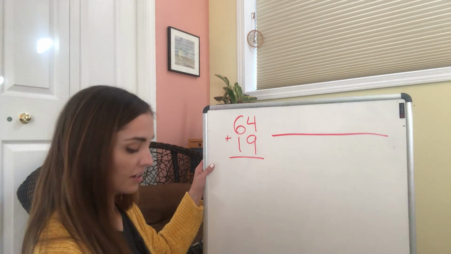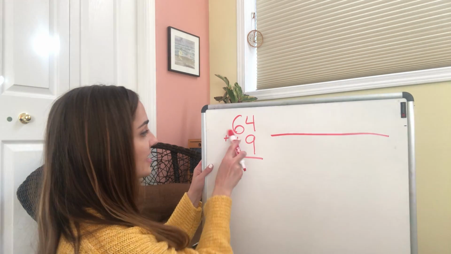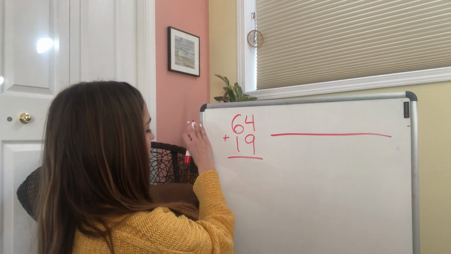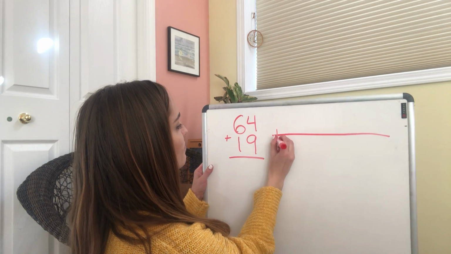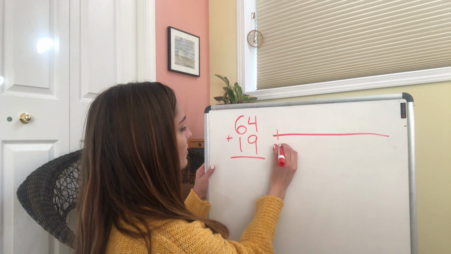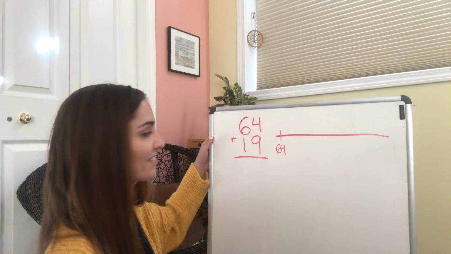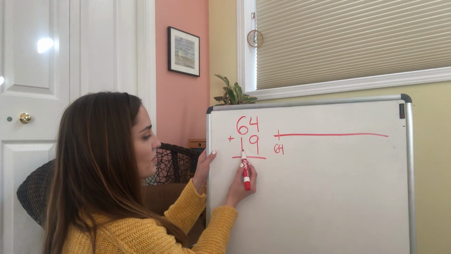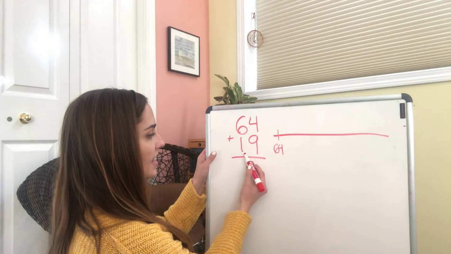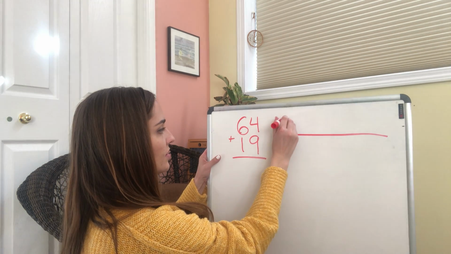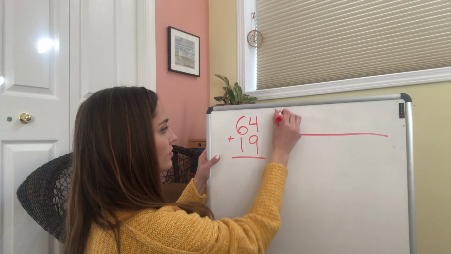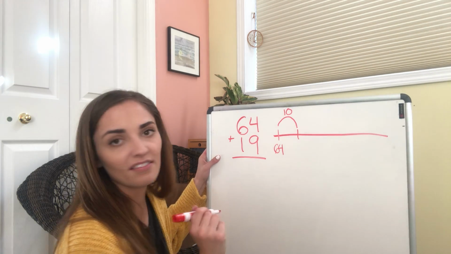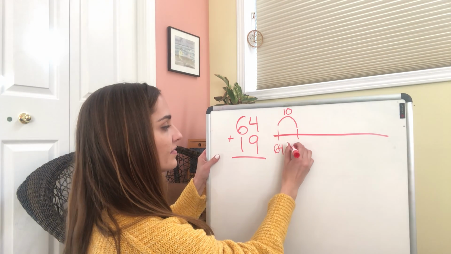I'm going to start with my bigger number, and that's 64. So we'll put 64 right here. Make sure I write it out. I know that I'm just going to have one 10 that we need to add up by. So 64 plus 10 will get us to 74.